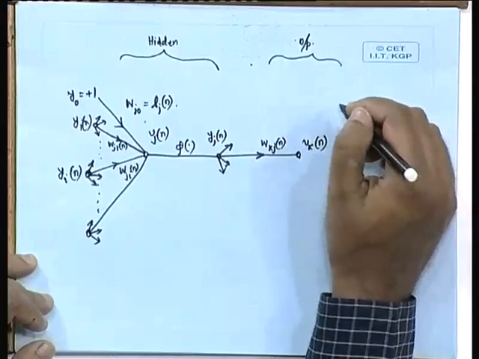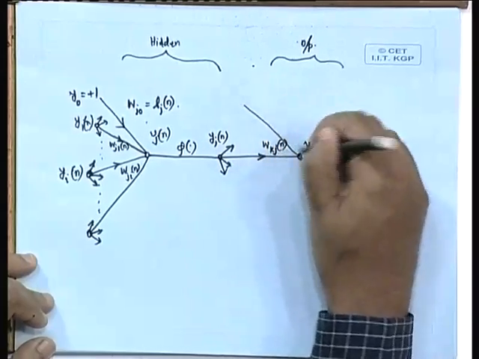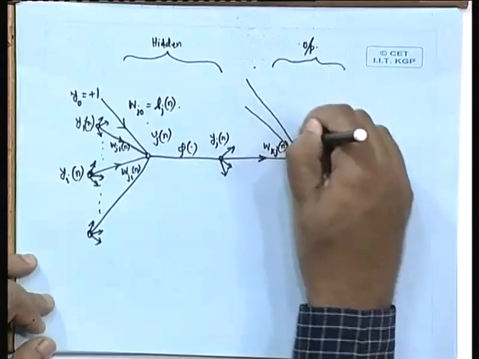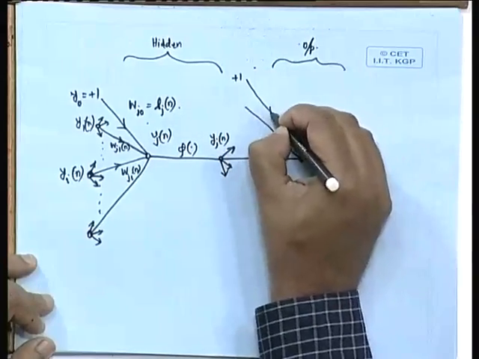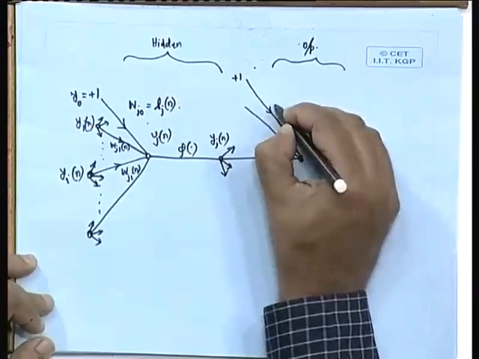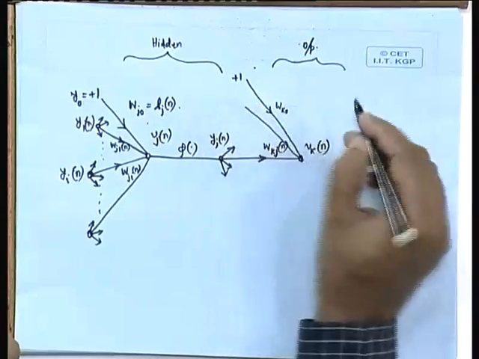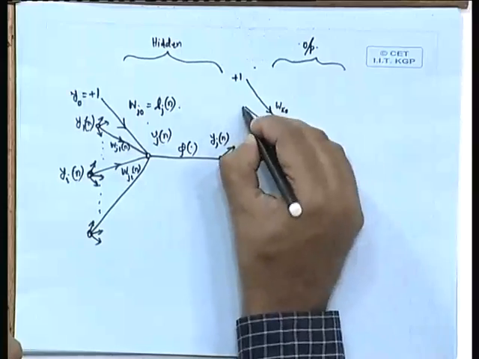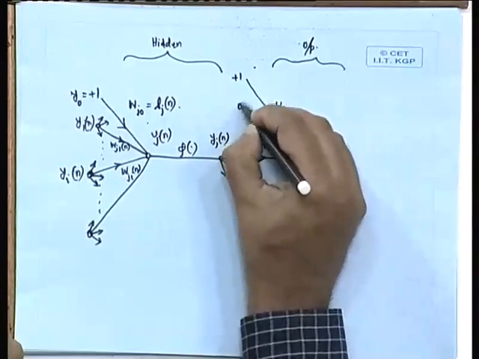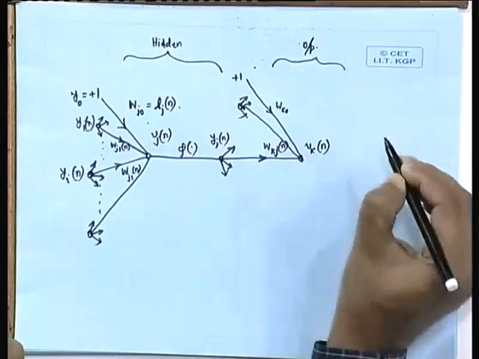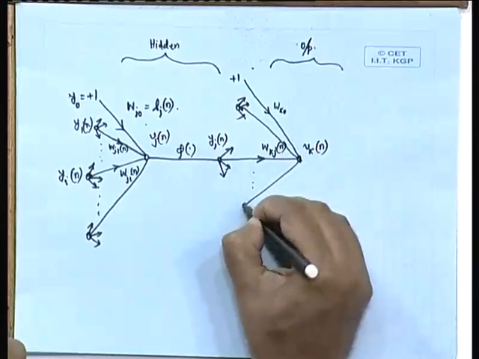So here there will be several other inputs to this vk, starting with the bias, that is +1 here, and then wk0 of n, and then other outputs of the hidden layer. So everything will be connected to the output layer. Like that it will get connected.